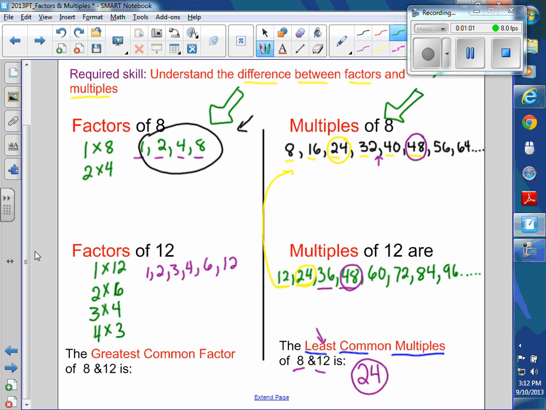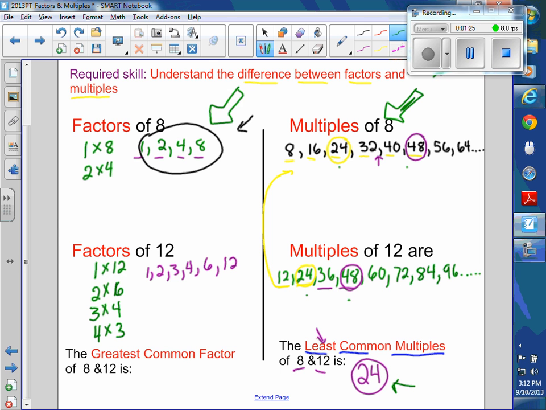So we call that the LCM. When we look over here, the common multiples are 24 and 48 because they're in both lists. But the least common multiple, the smallest of them, is 24.